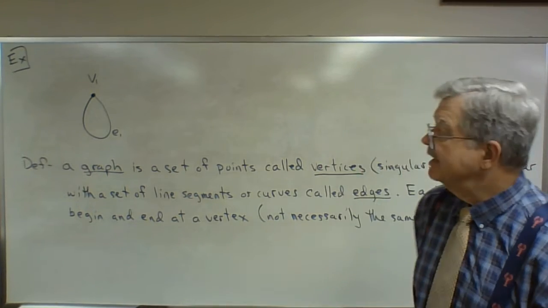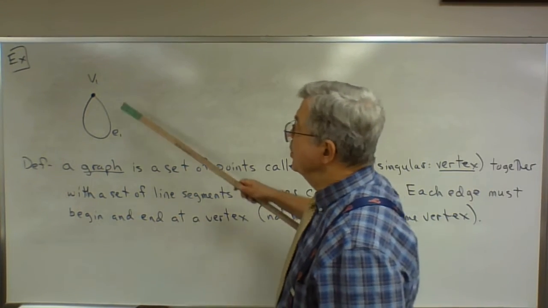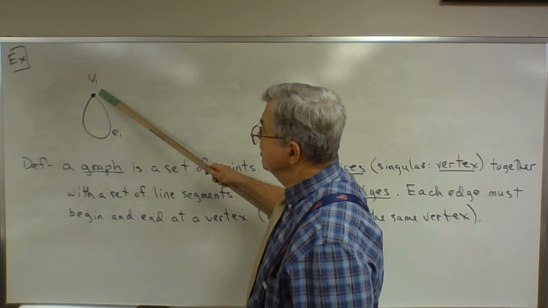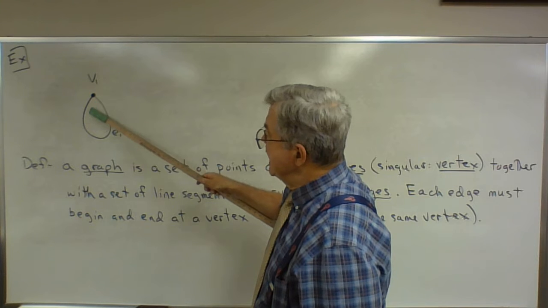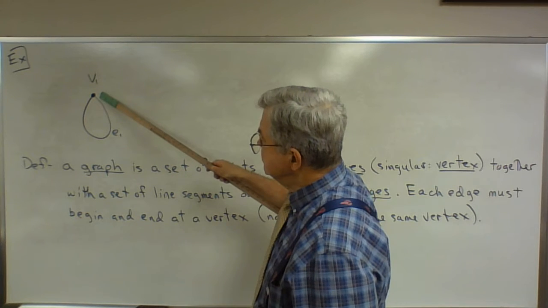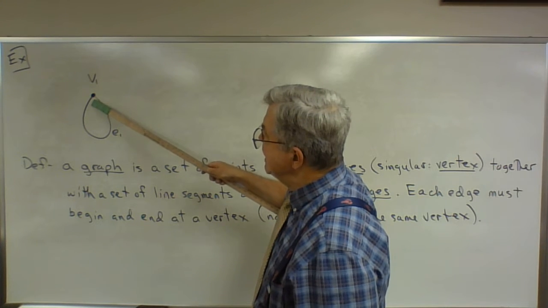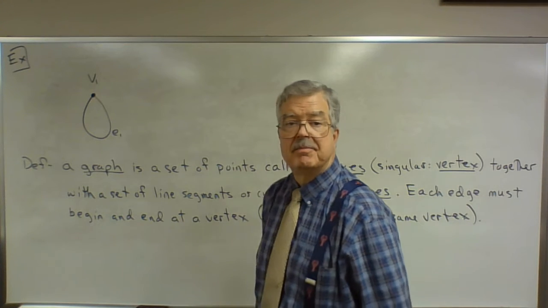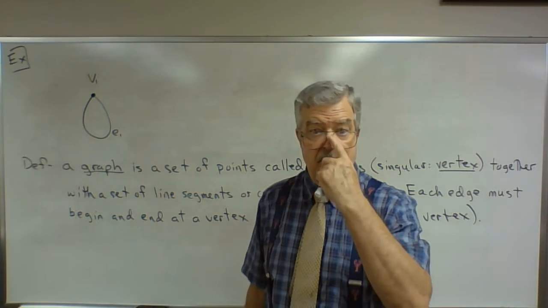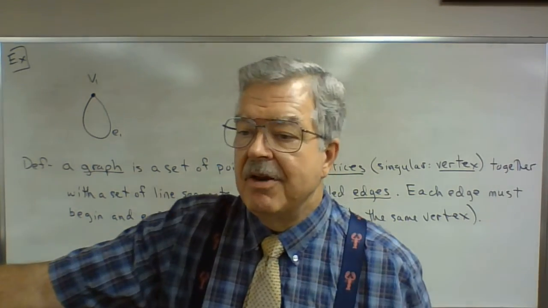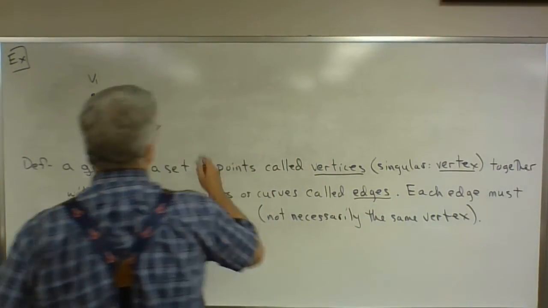Here's an interesting example. We have one point, a vertex V sub 1, and we have one edge that begins and ends at the vertex V1. That's perfectly legitimate. That's allowable. Here's our vertex set.